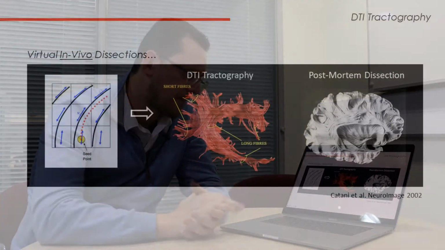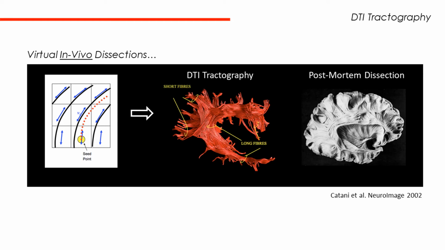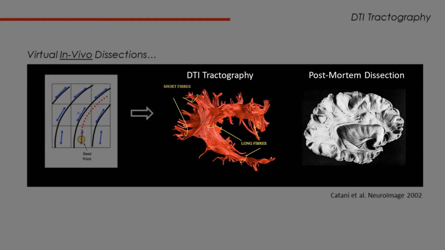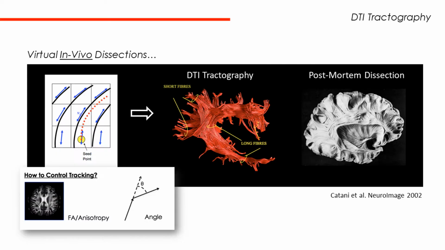So with DTI, with a relatively simple tractography algorithm, we can follow this trajectory and we can use some mathematical tools to reconstruct different trajectories, and we can see that what we obtain with DTI tractography matches quite nicely what we can see with post-mortem dissection. Of course, with different tracts, we need to tweak the algorithm, but overall we can get very nice results.